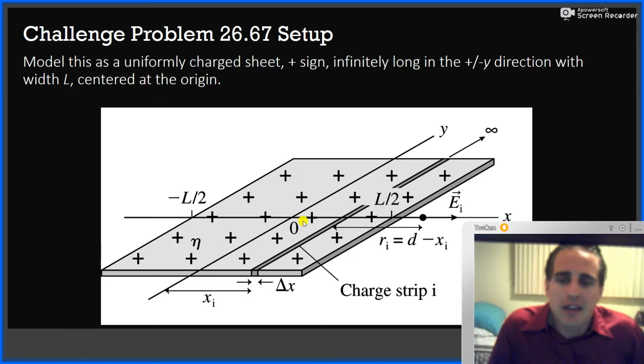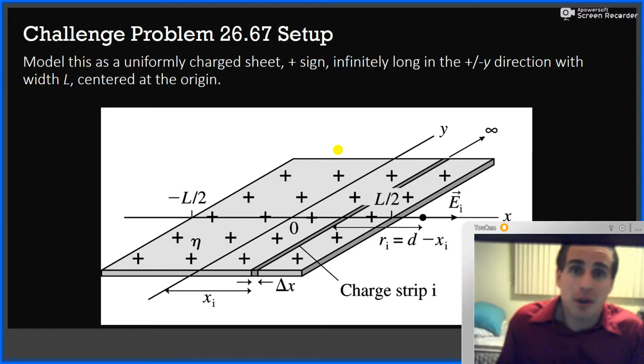And then it's centered on the origin, that's 0 right here, and let's just assume it is uniformly charged with positive charges, just like shown. Now, the electric field would just be in the exact opposite direction if it were negatively charged. So we're just going to do this entire problem as if it were positively charged, knowing that we just have to literally change the sign and thus change the direction to exactly opposite anti-parallel if it were negatively charged.